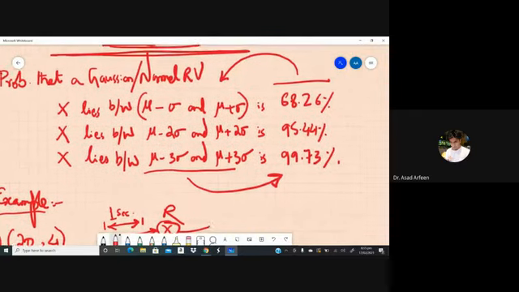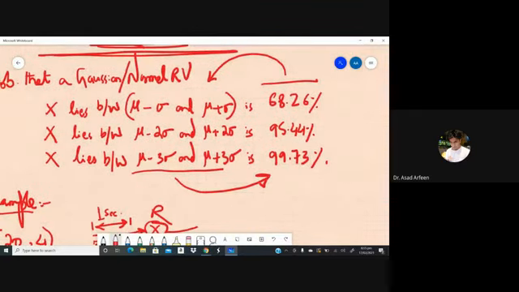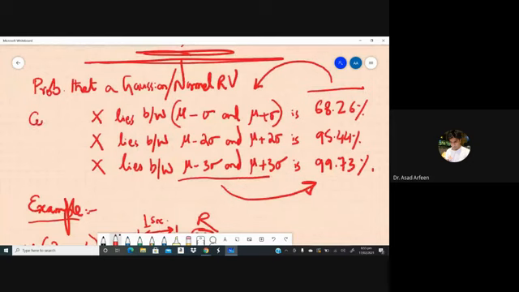So coming back to this, you can see that this is case 1, this is case 2, and this is case 3. We have to reverse map in this case, because this is case 3, as 99% confidence belongs to this region, mu minus 3 sigma to mu plus 3 sigma.